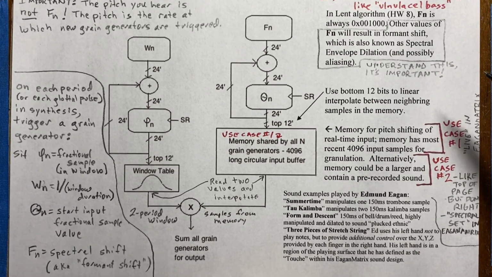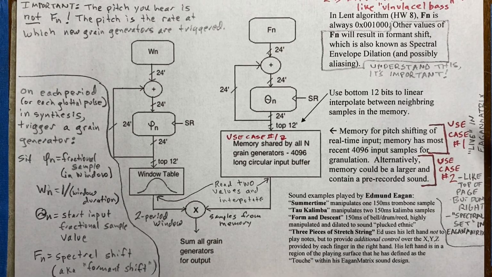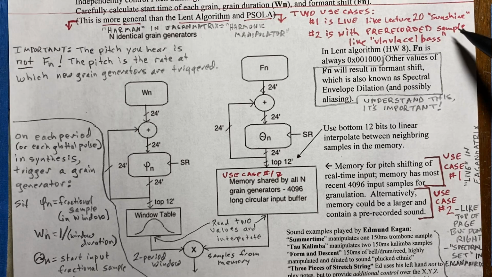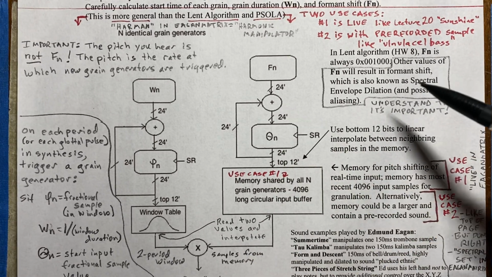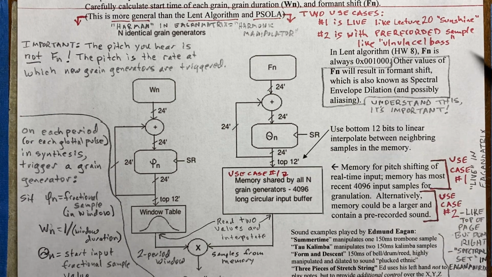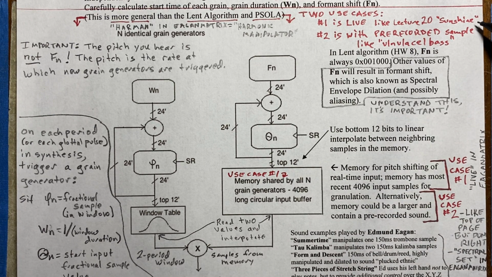Okay, so in this thing, there are fundamentally two use cases when you're doing this one sample at a time, serialized. The first one is a live case, where you have new samples coming in and you want to process them as they come in, and you want to pitch shift what's being sung on a microphone.